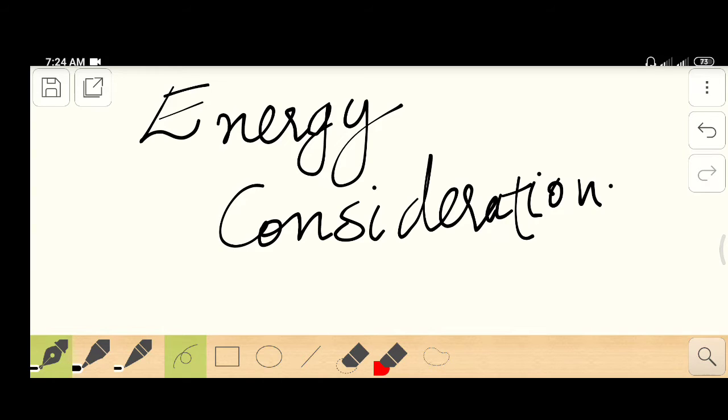For that purpose, we have to consider the diagram, figure 6.10.